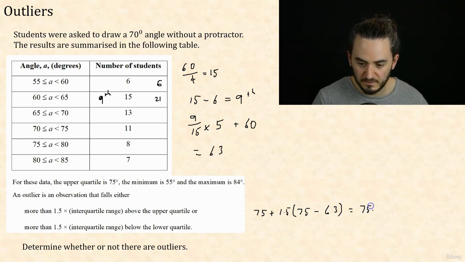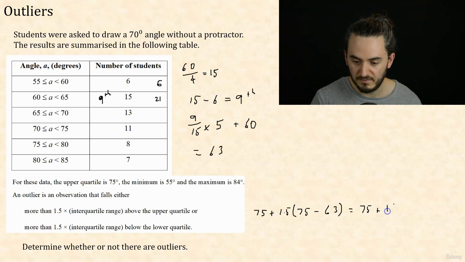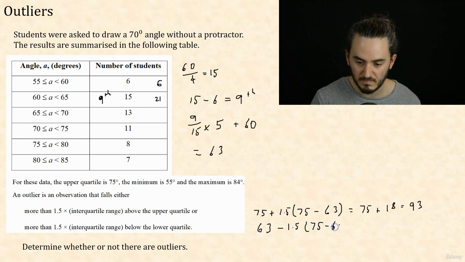It's 75 plus, and I'll just key all of this in one go, so 75 minus 63 is 12, times 1.5 is 18, so 75 plus 18, so that is 93, and our lower bound is the lower quartile of 63 minus 1.5 interquartile ranges. So that is 63 minus 18, which is 45.